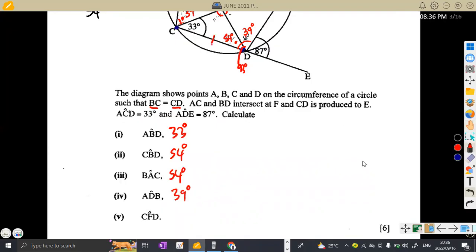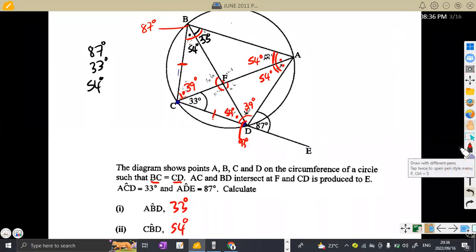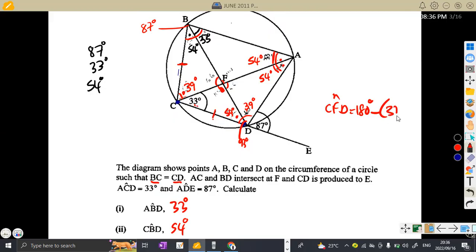Then CFD, from C to F to D, which is the one we didn't calculate. CFD is going to be 180 degrees minus these angles, because we've got a triangle, so we subtract 33 degrees plus 54 degrees.